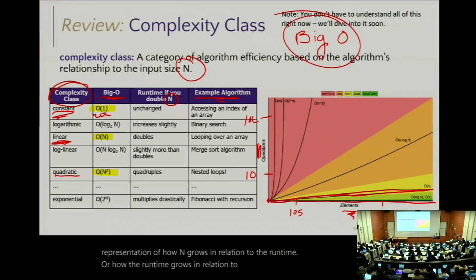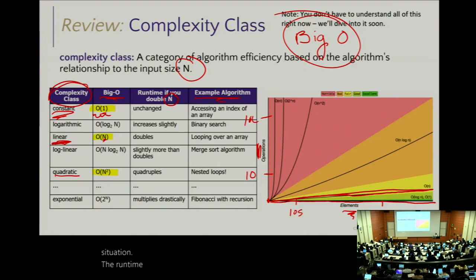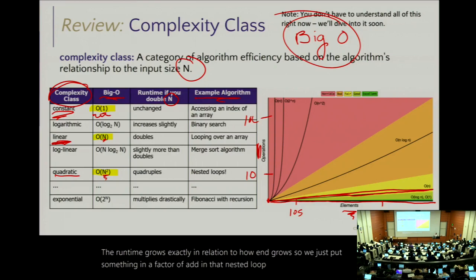In this situation, runtime doesn't grow based on n. There's no factor of n in this equation. In this linear situation, the runtime grows exactly in relation to how n grows, so we just put a factor of n. In that nested loop scenario, we run in what we would call n squared time, so it's the quadratic complexity class.